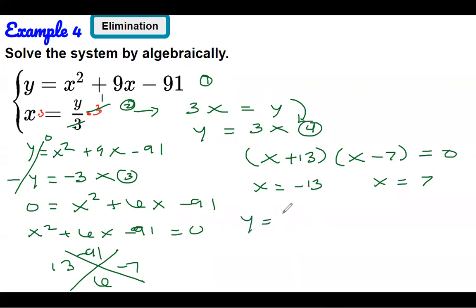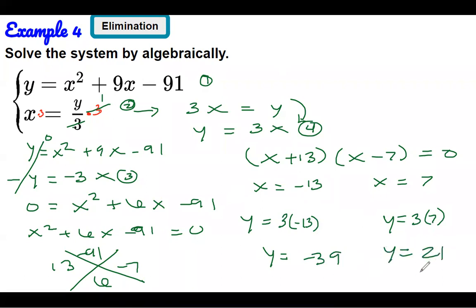So y equals 3 times negative 13, y equals 3 times 7. Negative 13 times 3 is negative 39. y equals positive 21.